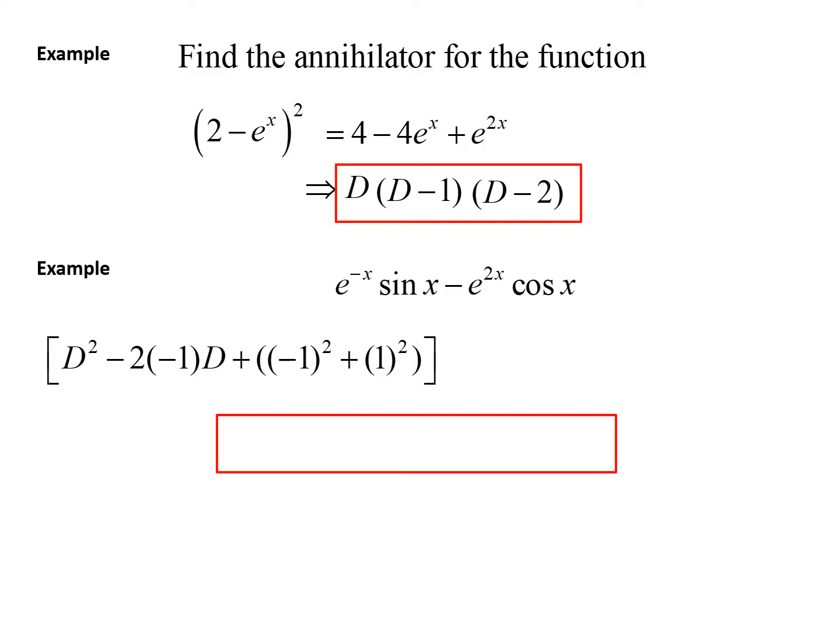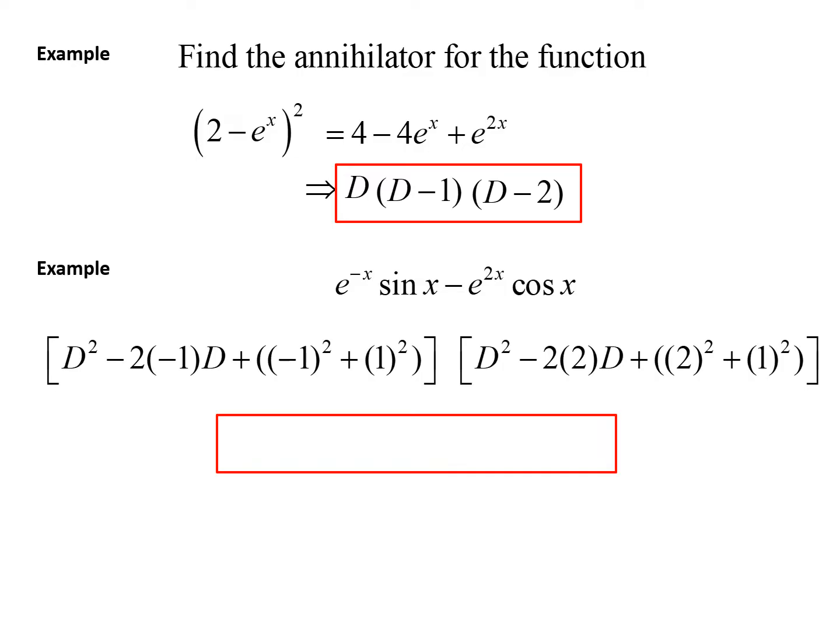For the second term, that e to the 2x cosine x, now our alpha is 2, our beta is 1, and our n is 0. So we get d squared minus 2 times 2 d plus 2 squared plus 1 squared, and then raised to the 0 plus 1, or 1 power.